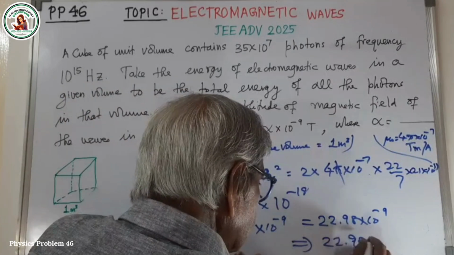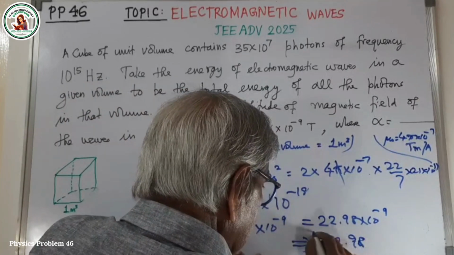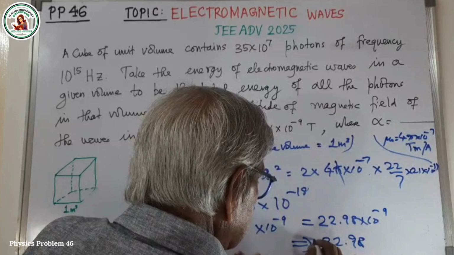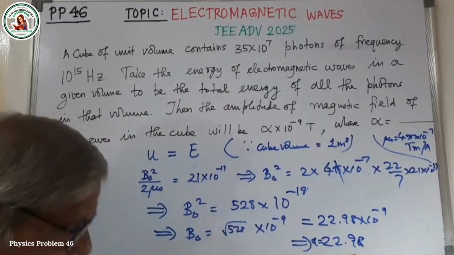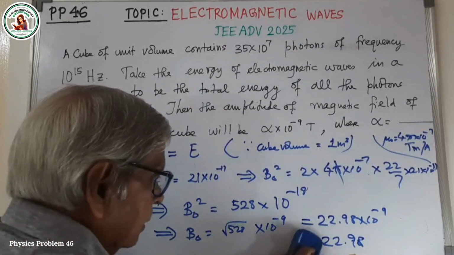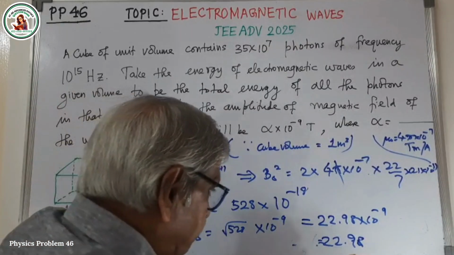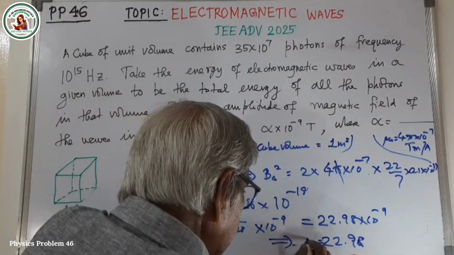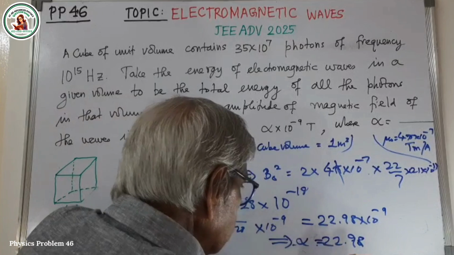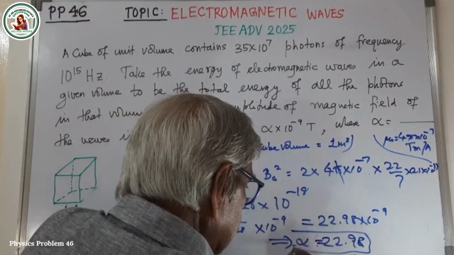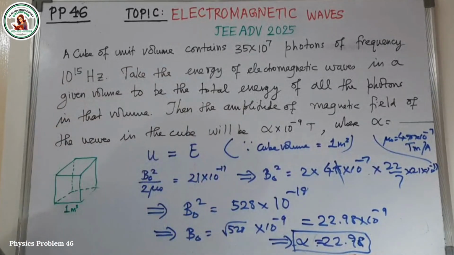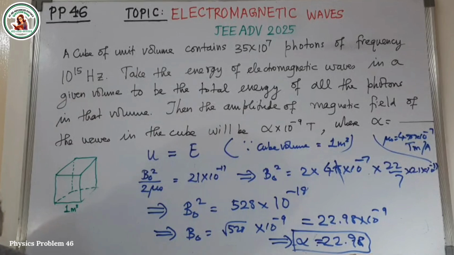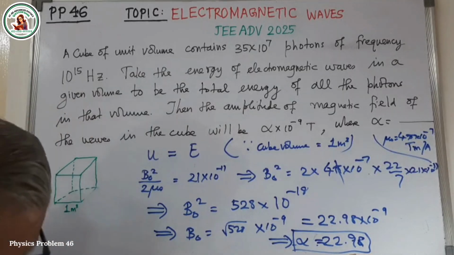Two decimal places we have to give the answer. This alpha value is the required answer, so you can mark your numerical answer as 22.98.